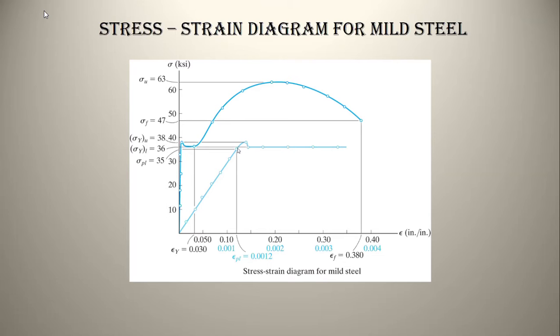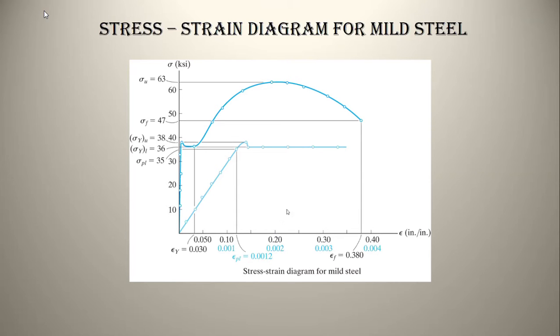Then after this comes yielding, and in yielding, there are two values. There is an upper limit, a lower limit. And sigma Y is basically defined as, so there's a convention here, and the convention is that you go to 0.2% yield strength, which is this, and you draw a line parallel to this proportional limit line.